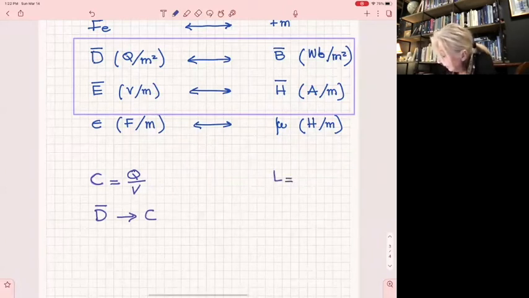Now, the same thing here. Inductance is related to total flux psi divided by the current.